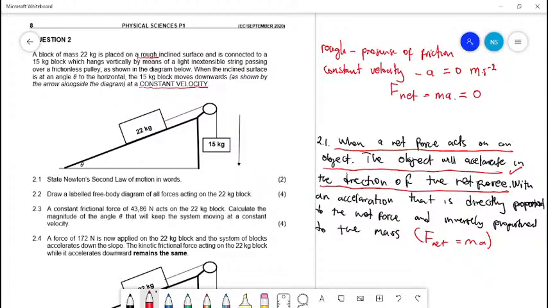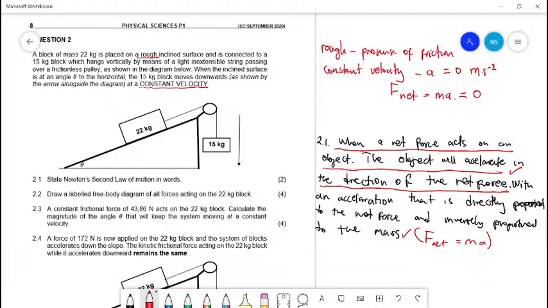Then the second part of this definition, you need to be talking about the relationship between the acceleration and the net force and also the mass. And for writing these relationships, you get another mark. So in total, you're going to get 2 marks. So if ever you find yourself in a situation where you only write one part of this definition, it means that you're going to get 1 mark. So to get full marks, you need to write all the parts. So that's fine with the definition.